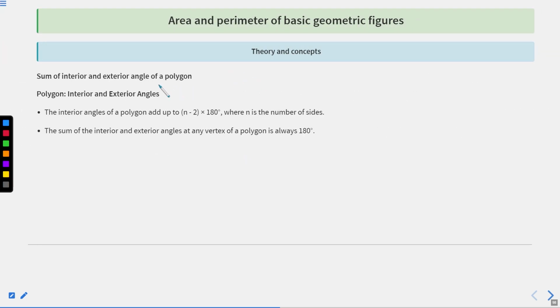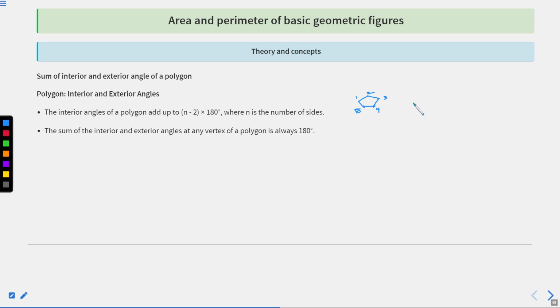Sum of interior and exterior angle of a polygon. The interior angles of a polygon add up to (n minus 2) times 180 degrees, where n is the number of sides. Suppose this is a polygon with five sides: 1, 2, 3, 4, 5.